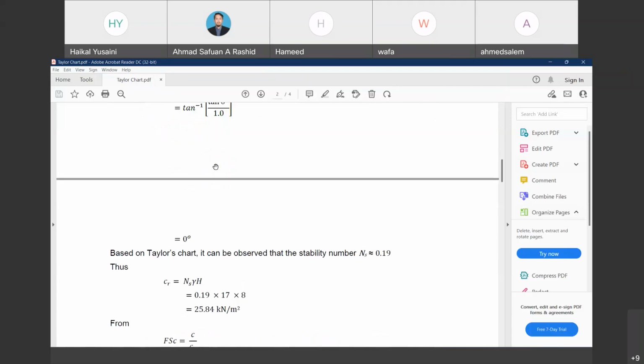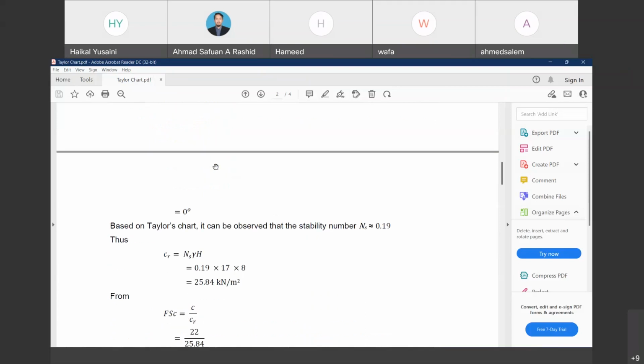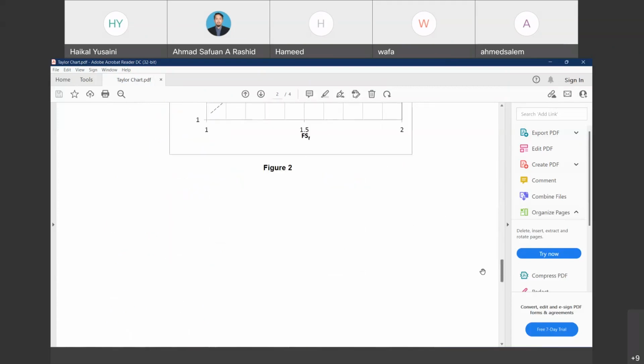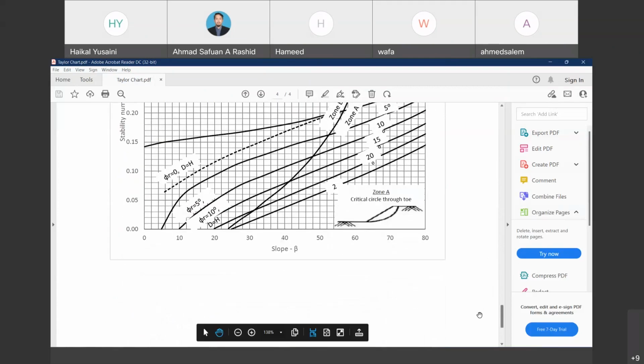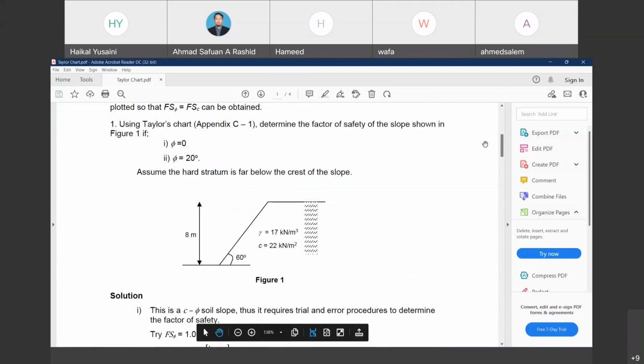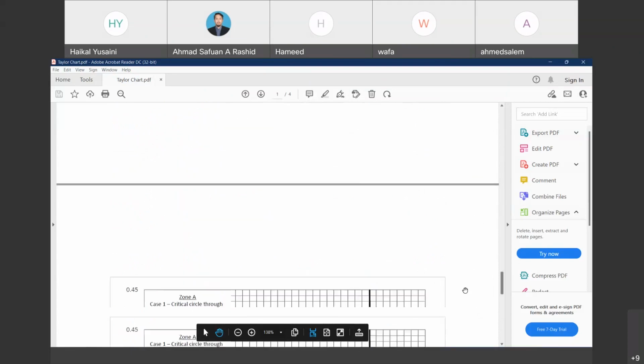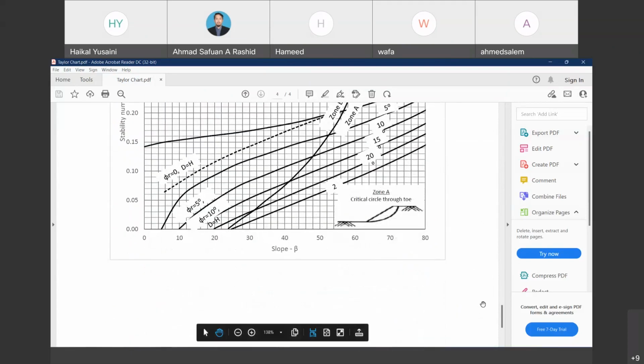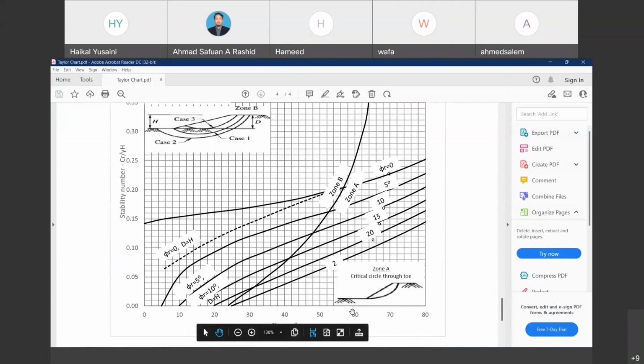Based on the Taylor chart, it can be observed that the stability number is equal to 0.19. So how to use the chart? Based on this chart, first, what is the slope value? It is equal to 60. So 60 here, then using a ruler, move upward until it meets the phi r equal to 0.